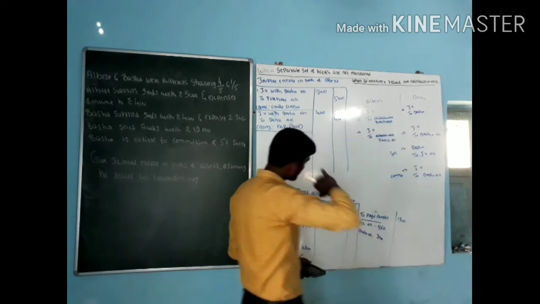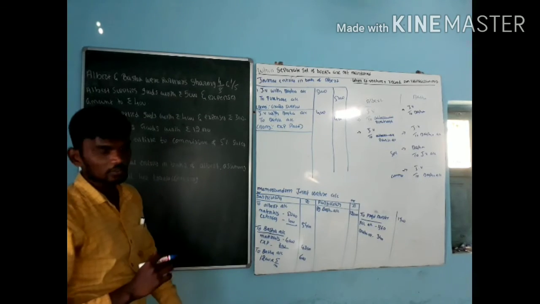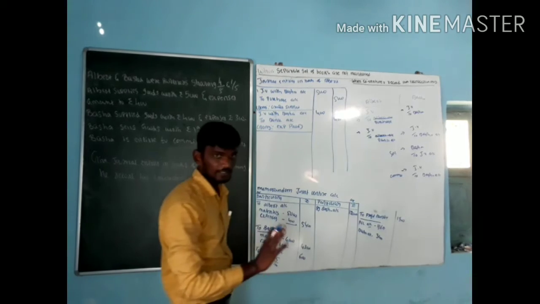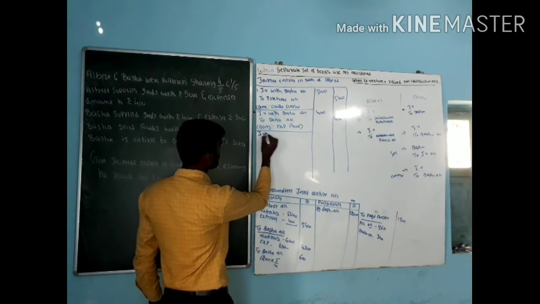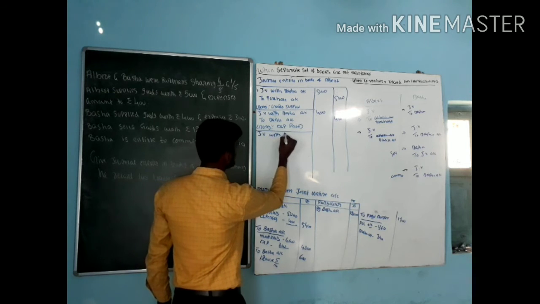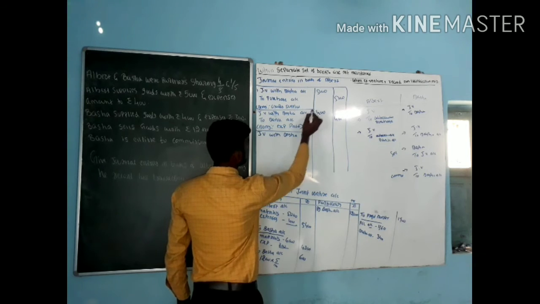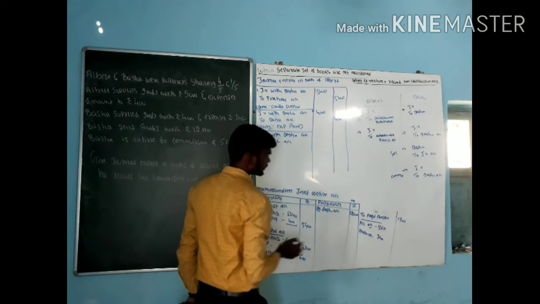Next one. By this joint venture with Basha account, whether he got profit or loss, he is getting profit. How much is the profit amount? 1,360. Joint venture with Basha account debit to profit and loss account. What is the value?